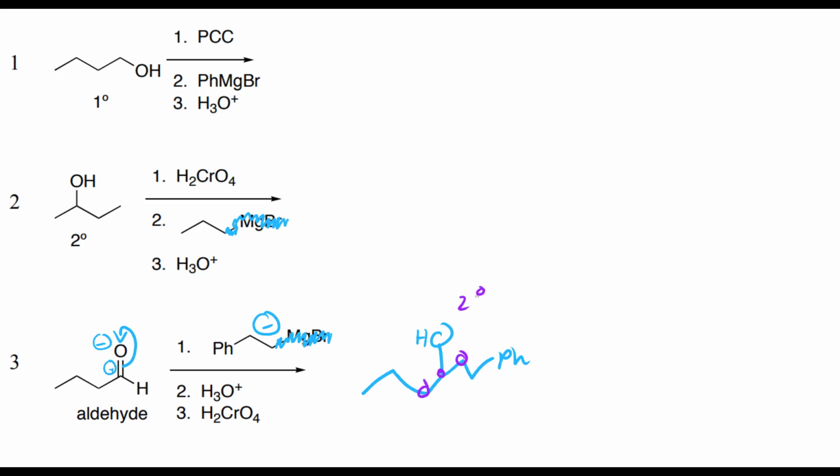So therefore, it's a secondary alcohol. And what do you know about secondary alcohols with chromic acid? Well, secondary alcohols treated with chromic acid create a what? Ketone. So therefore, I should be having a 1, 2, 3, and then let's just do a ketone.